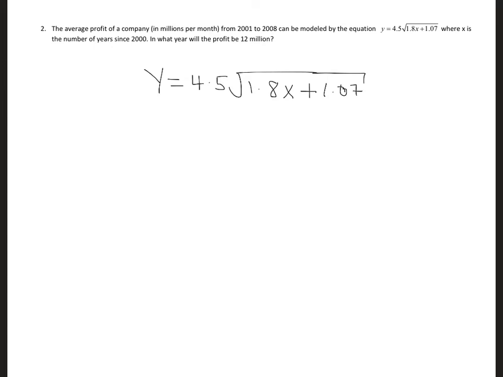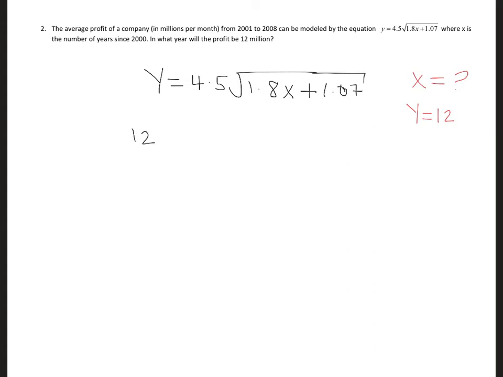So here we are looking for what is x. And what are we given? We are given y. By the equation we are given, y is equal to 12 million, and we just need to find what the value of x is.